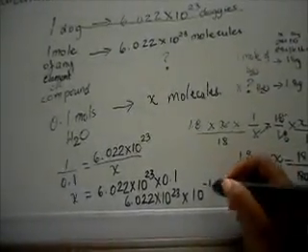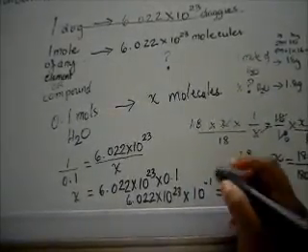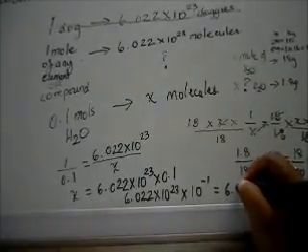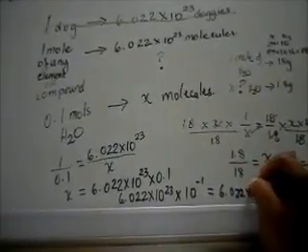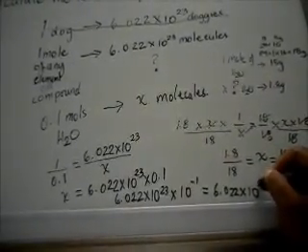Right, and then from there we could just add them, because with exponents you just add, and you'll be left with 6.022 times 10 to the 22.